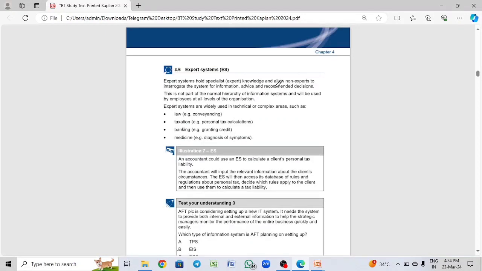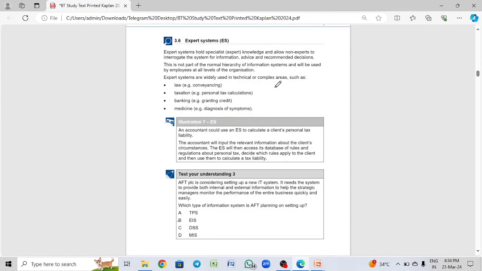Okay, now what are expert systems? Expert systems are like, for example, we have a legal advisor. It's like that. Okay, it provides you with the expert advice. Okay, it is again at every level. Okay, it provides you with expert advice and recommends decisions. Okay, an expert system holds specialist knowledge and allows non-experts to interrogate the system for information, advice, and recommended decisions.